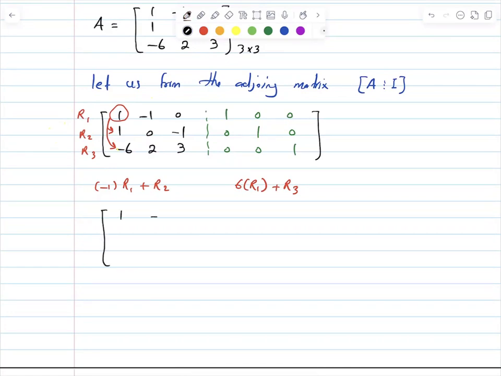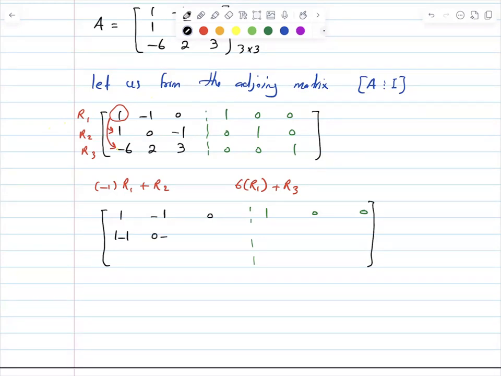I have 1, -1, 0, and the entries for the identity matrix. This is just the row operation. Am I right? If I multiply the first row by -1 and add it to the second row, my whole second row will be changed. So here we go. I get 1 minus 1.